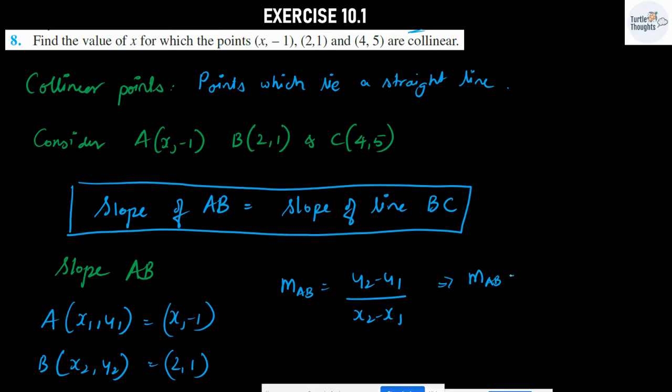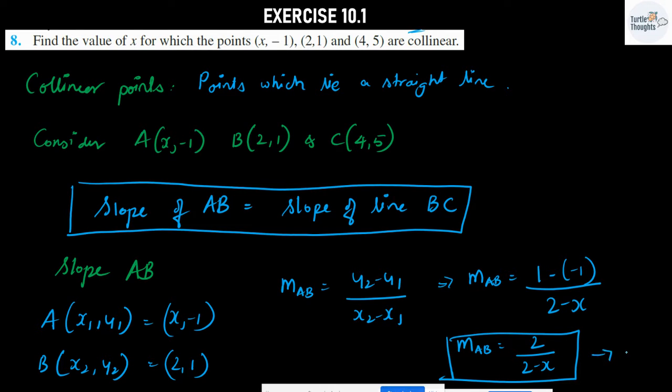Substituting, the slope of line AB will be 1 minus of minus 1, divided by x2 minus x1, which is 2 minus x. Minus of minus becomes plus, so is 2 divided by 2 minus x what I'll get as the slope of line AB?